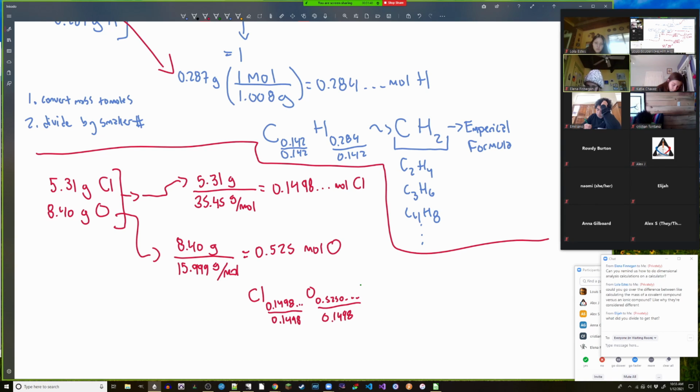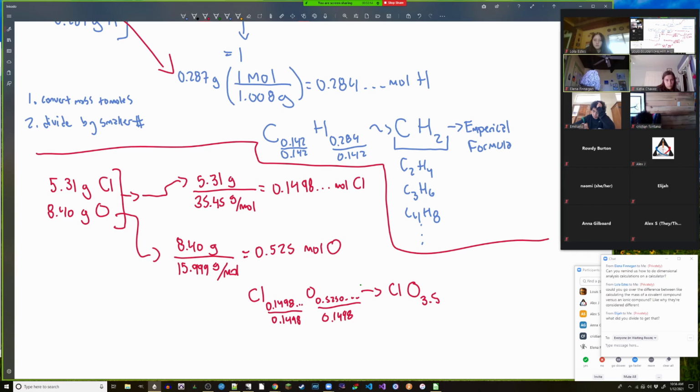just to get something really close. Obviously, we end up with just a single chlorine, right? That 0.1498 divided by 0.1498 is going to give us 1. And for oxygen, we actually get, interestingly, 3.5505. I'm going to round it just to 3.5. But the problem is, if I'm rounding to 3.5, this is still not a whole number, right?